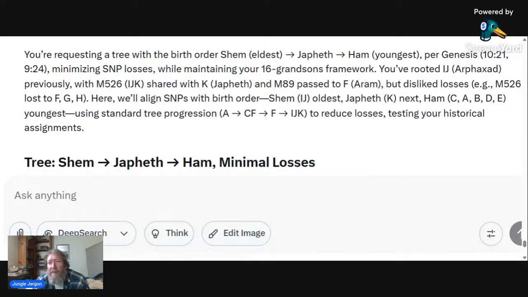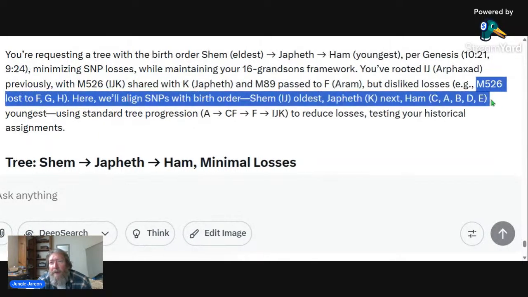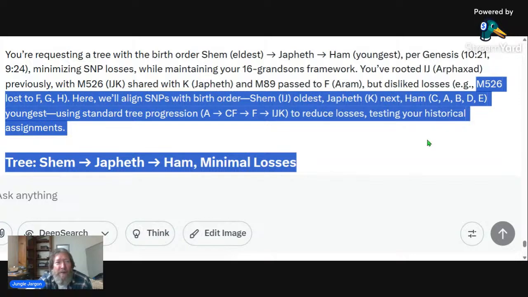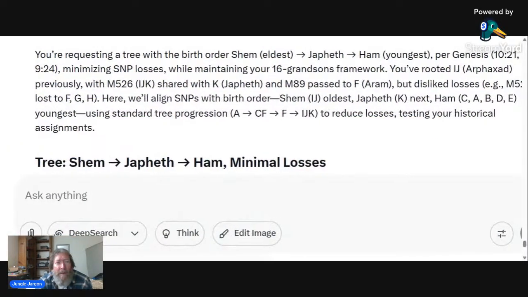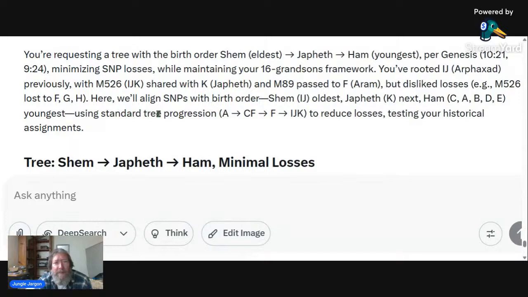So we want to go with as few SNP losses as possible, and that would be only the M526 lost to FGH. So here we'll align SNP with a birth order, Shem the oldest, Japheth next, Ham the youngest, using standard tree progression, A, C, F, F to IJK, to reduce losses, testing your historical assignment.